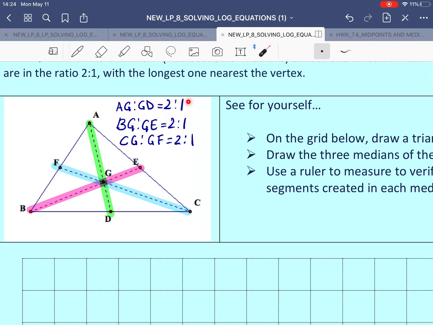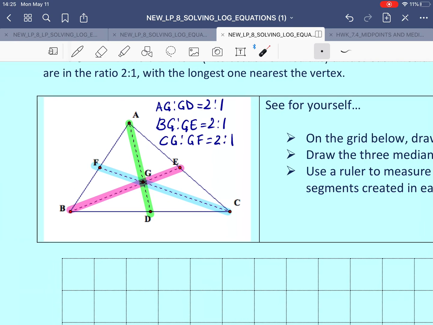So they make actually three parts when you think about it. So another way of saying this is AG will be 2/3 of AD, the whole median. Okay? And GD can be 1/3.